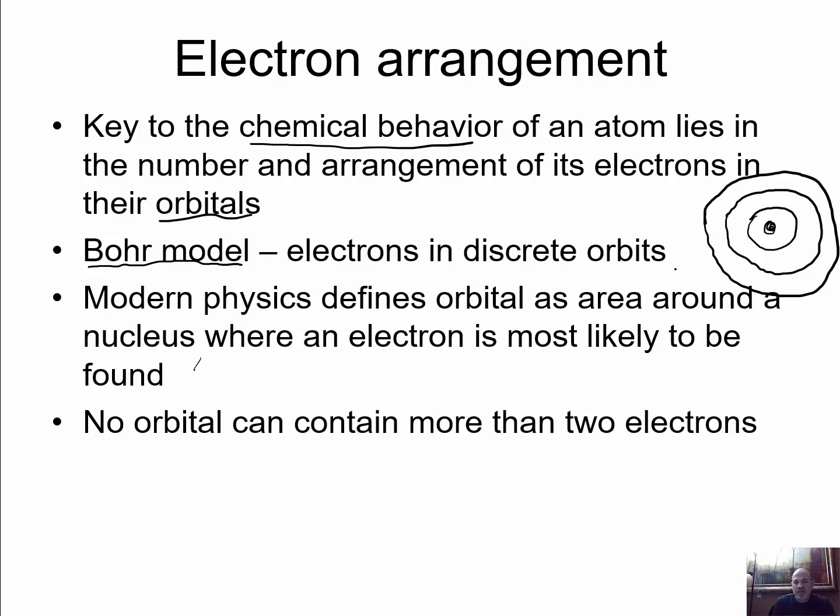So it's not a good model. But modern physics now has a newer model that places the electrons not in orbits, but in orbitals. There's a difference. These orbitals are three-dimensional spaces. They're described by mathematical equations, and these mathematical models actually make better predictions. So it is a better model, and it is the model that we go with.